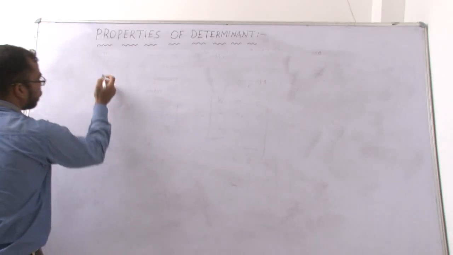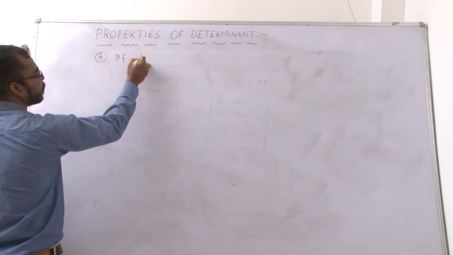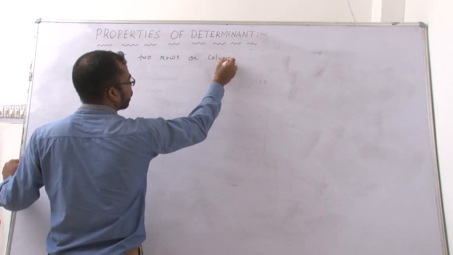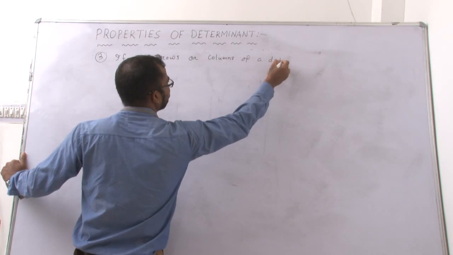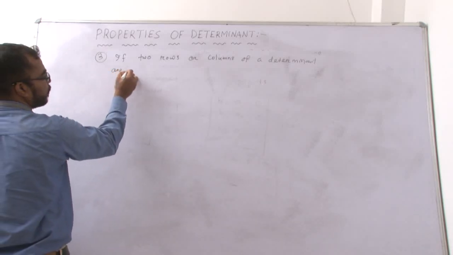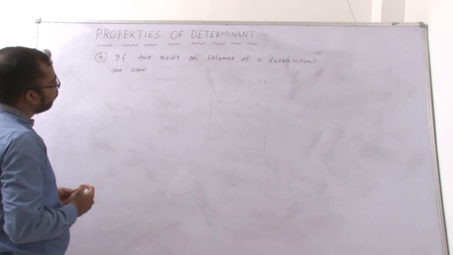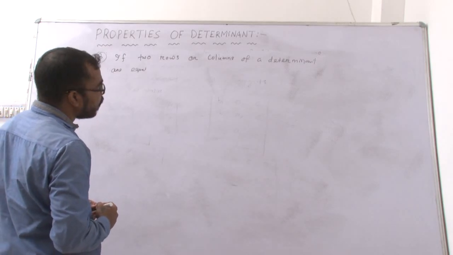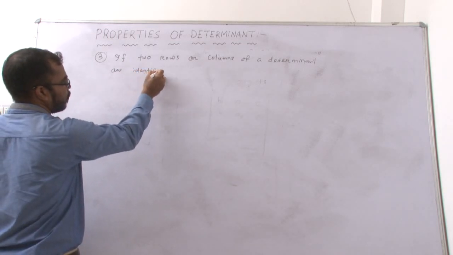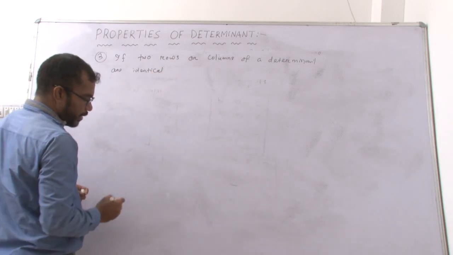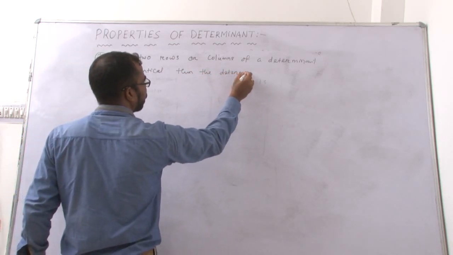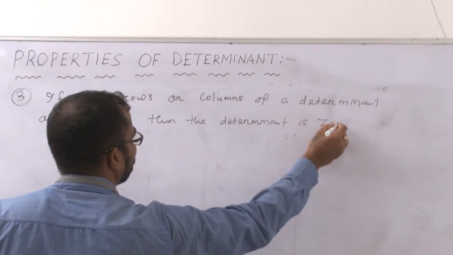And property 3 is, if two rows or columns of a determinant are equal, or you can say identical, then the determinant is 0.